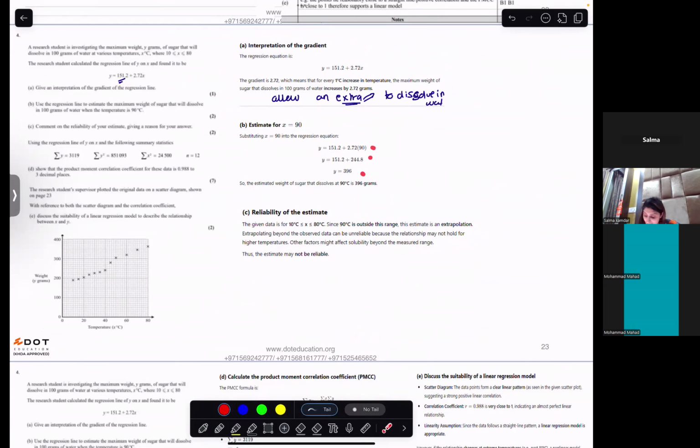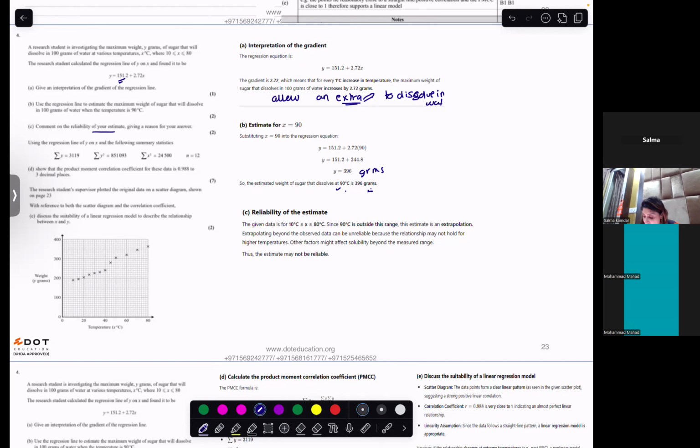So I will get y equal to 396 what? Grams. So it means that at 90 degrees Celsius, the sugar that will dissolve in 100 grams of water would be 396 grams. Correct? Now, C part.